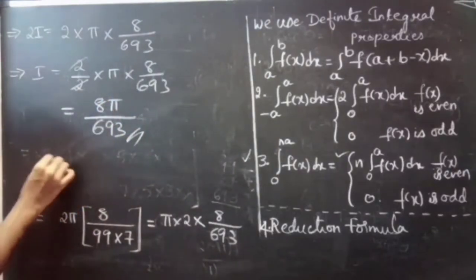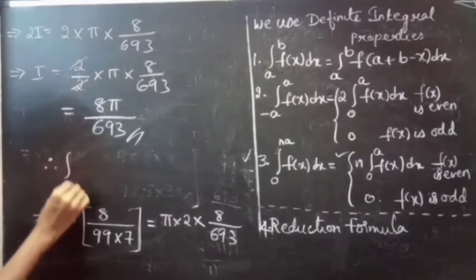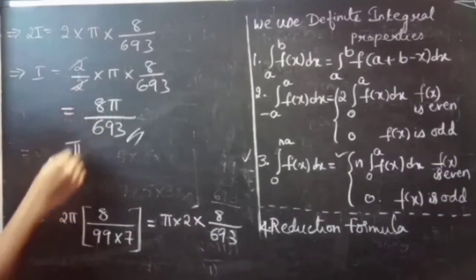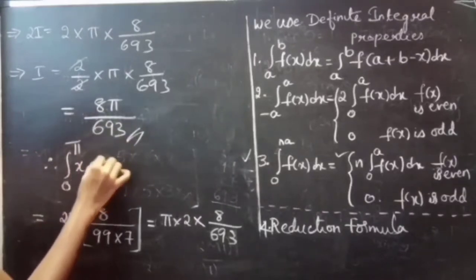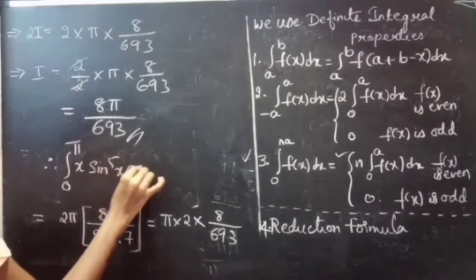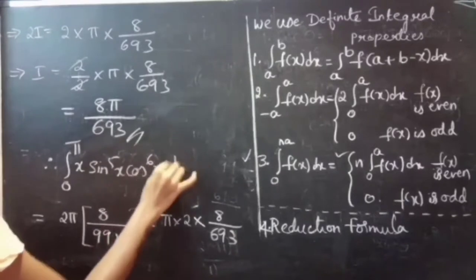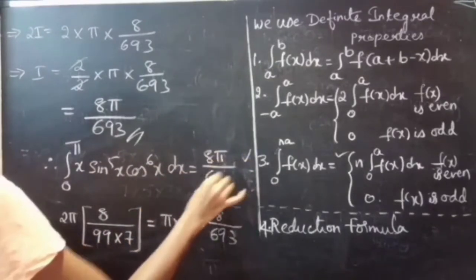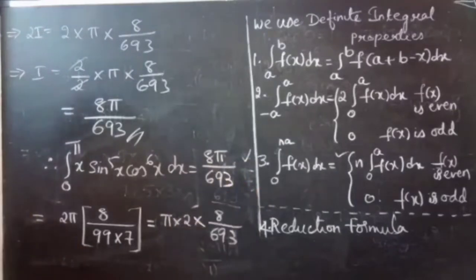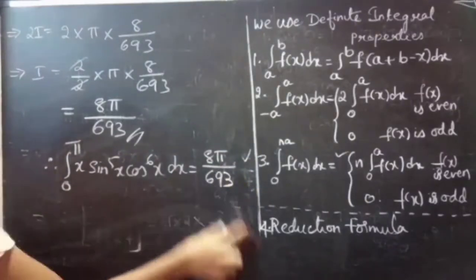So therefore, the integral from 0 to pi of x into sin^5 x cos^6 x dx equals 8 pi by 693. So this completes the first problem.